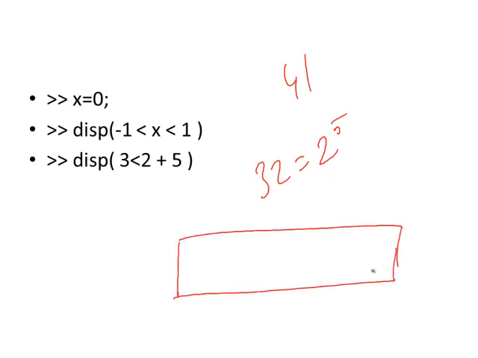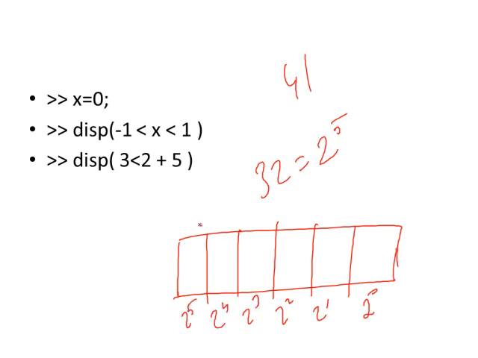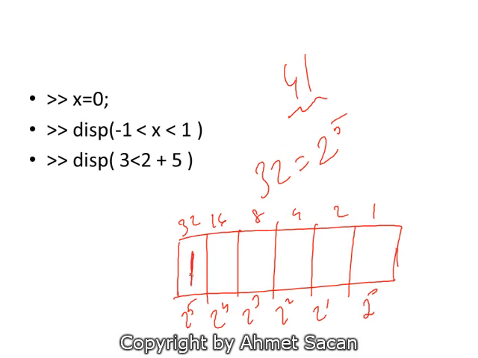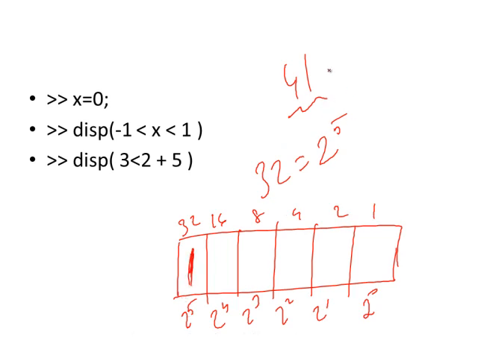So this is going to be my binary number, starting from 2 to the 0, 2 to the 1, 2 to the 2, 3, 4, 5, which is 32, 16, 8, 4, 2, 1. So I have a 32 in my 41, so I'll put a 1 at the 32 location. And I have covered up 32.